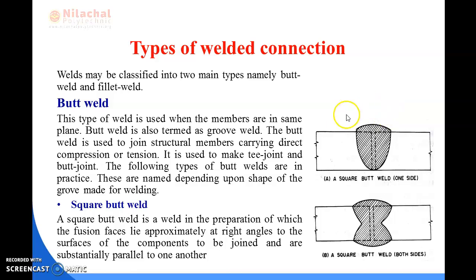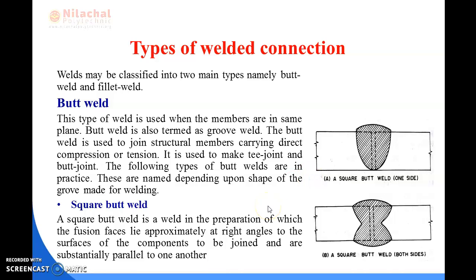This is the figure of a square butt weld. You can see here the two plates are fused by this plane only, and you can see that these two faces of the plates are at right angles, and this dark part shows the welded part of the connection.